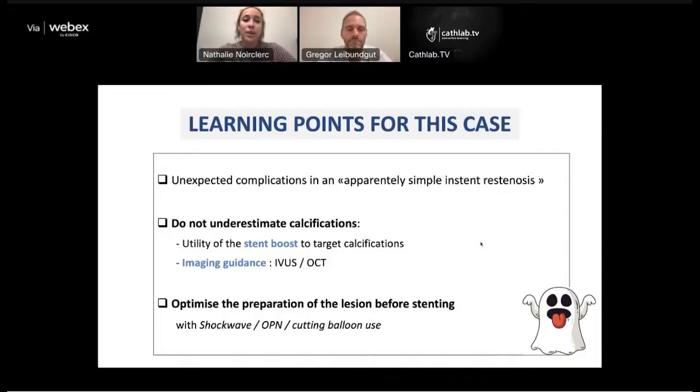Also, we can discuss using intravascular imaging. And also now what I do very often when I have an instant restenosis, I use a cutting balloon to predilate, because it's more stable in the artery. I know it doesn't work if it's really calcified, but for the preparation of the lesion, I have much better results.